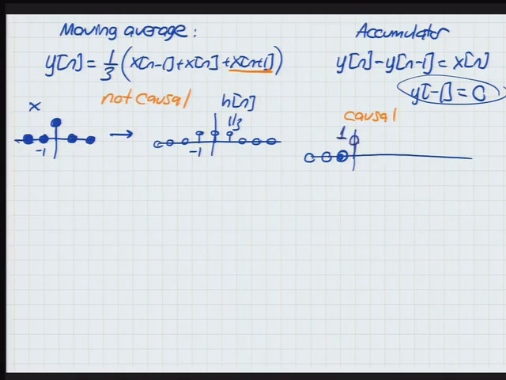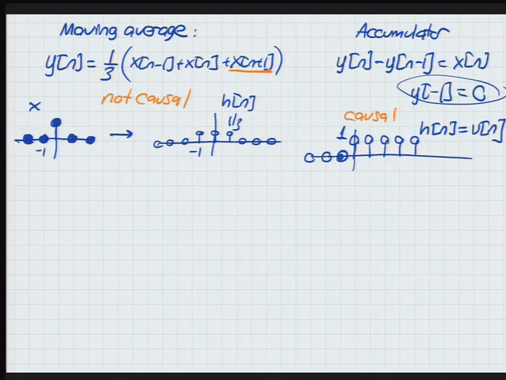What arrives after that? Nothing. The impulse comes at 0 and disappears forever, so you have nothing else to add to your 1, and it stays at 1. Do you recognize this signal? The impulse response of an accumulator happens to be a unit step. This is how we find the impulse response for these examples.